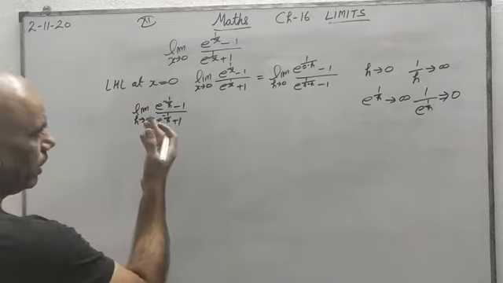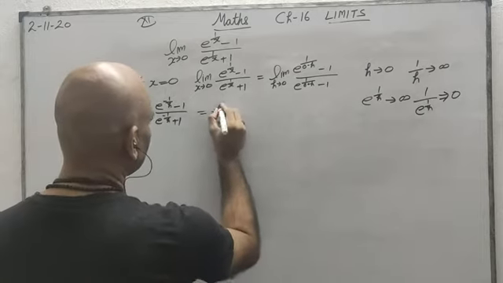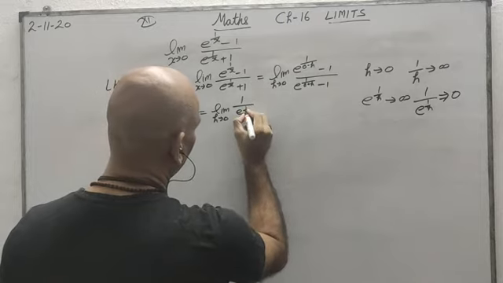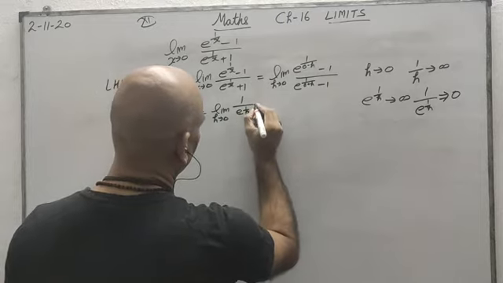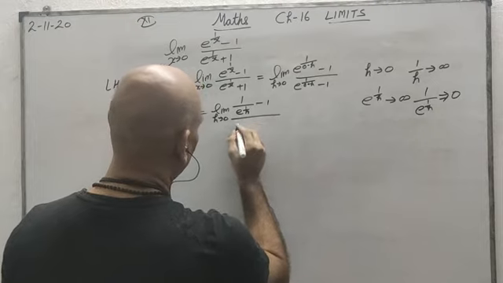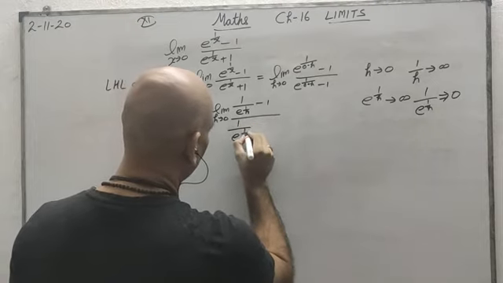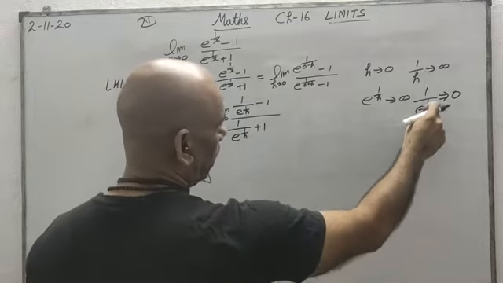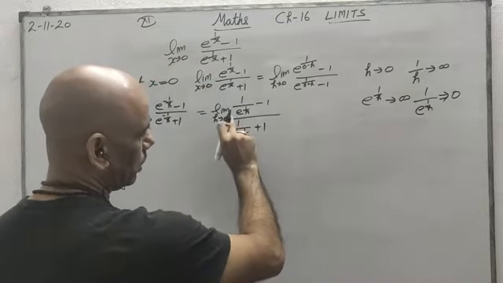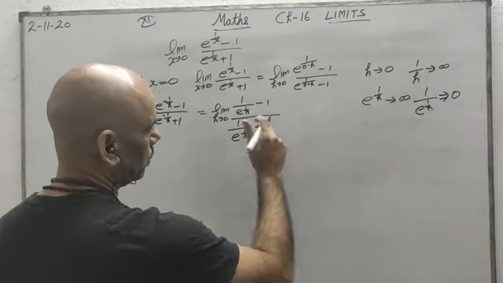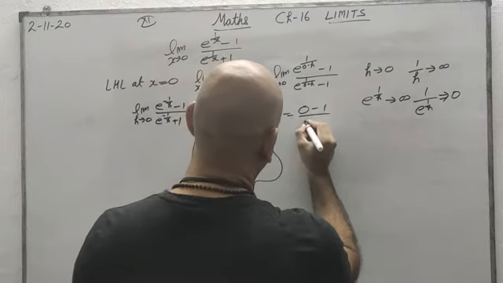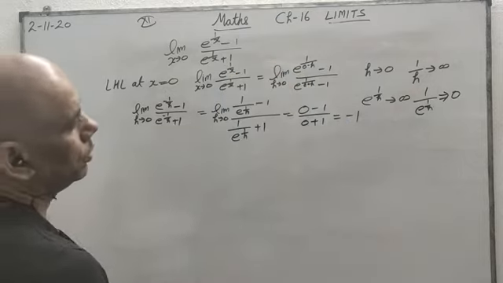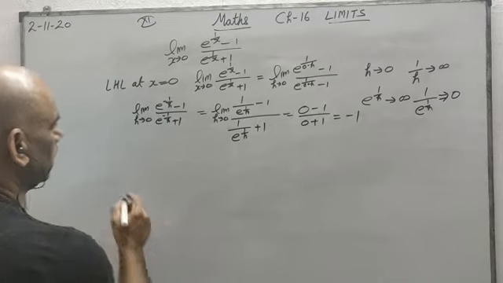And now e to the power minus 1 upon h will be written as limit h tends to 0, (1 upon e to the power 1 upon h minus 1) upon (1 upon e to the power 1 upon h plus 1). Now I am substituting h tends to 0, so this is 0, this is also 0, so 0 minus 1 upon 0 plus 1, and hence the answer is minus 1. So this way I will substitute the limits.